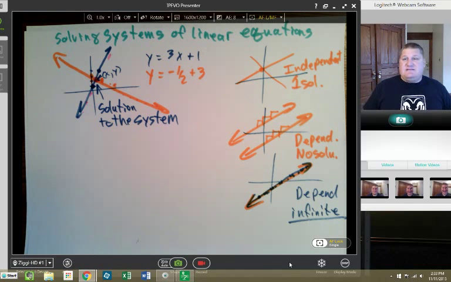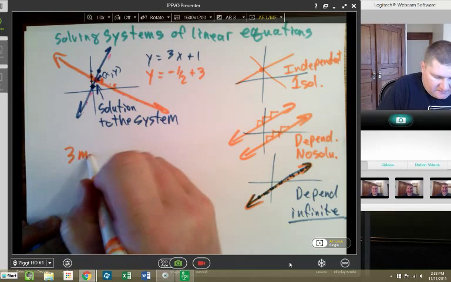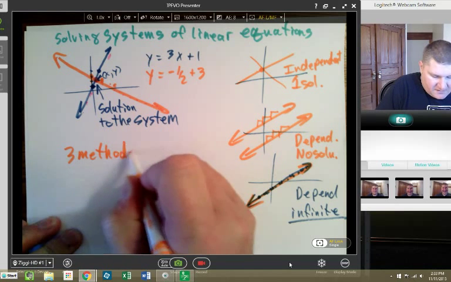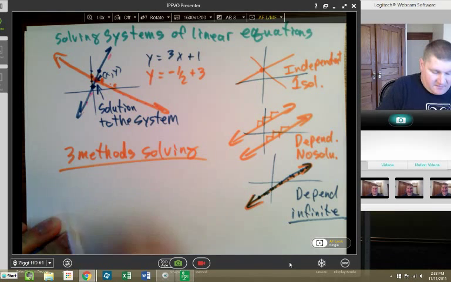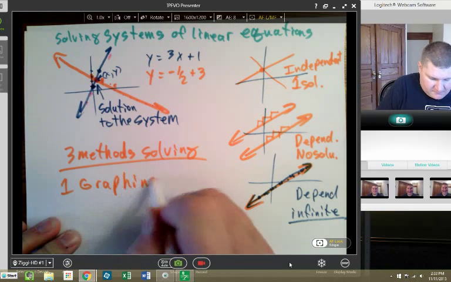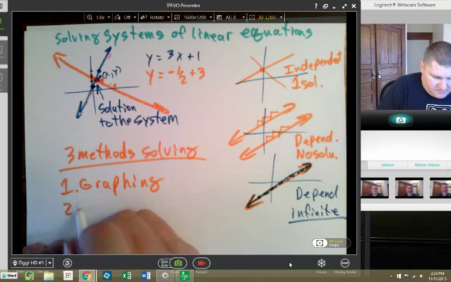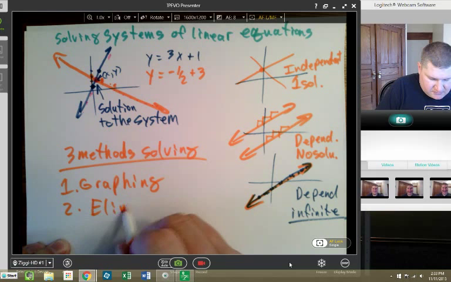So that's a basic set on solving systems of linear equations, but we're going to do a couple methods, and you need to know the names of the three methods for solving. Number one, graphing. Number two, elimination.